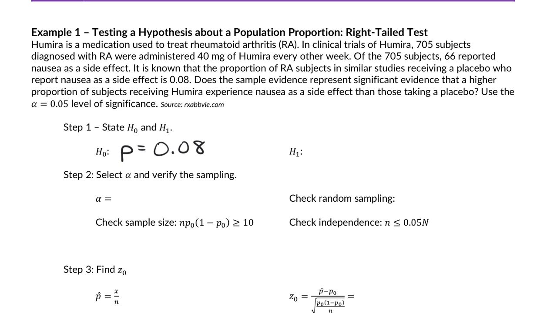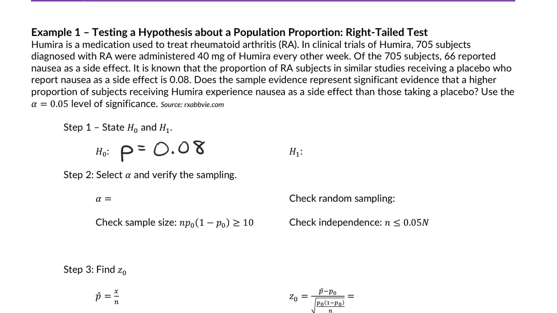This is from the placebo. We want to know specifically, does our Humira study represent significant evidence that a higher proportion of subjects receiving Humira experience nausea?